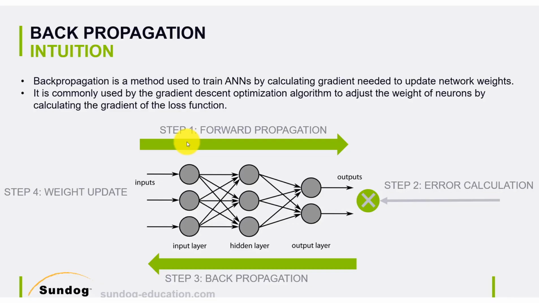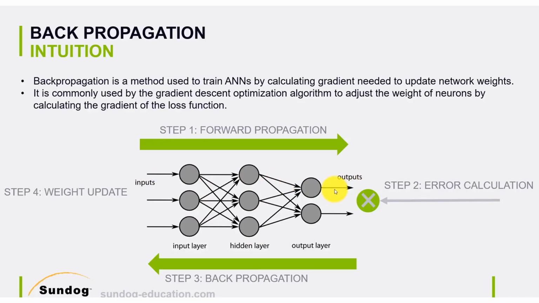Whatever output is generated is used again for the next hidden layer, and we keep going forward until we generate the actual output from the whole network. So the input propagates through the input layer, then the hidden layers, then forward to the output layer, and then we generate an output, all right?